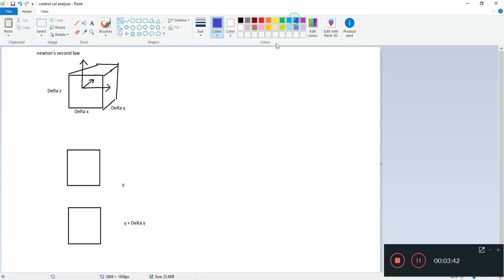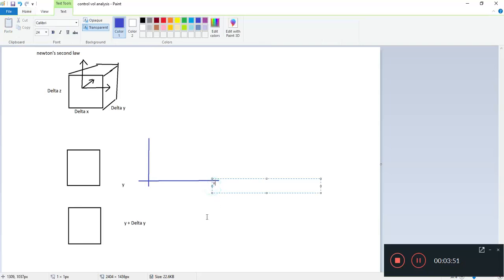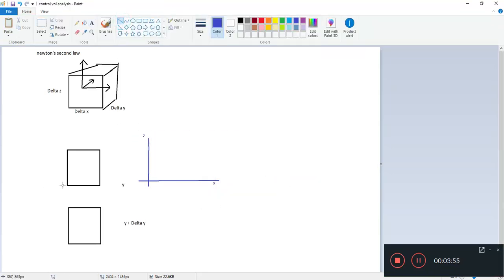And of course, we have a coordinate system that looks like this. This is the x direction, and this is the z direction. And of course, we have our line, our z equals x line.